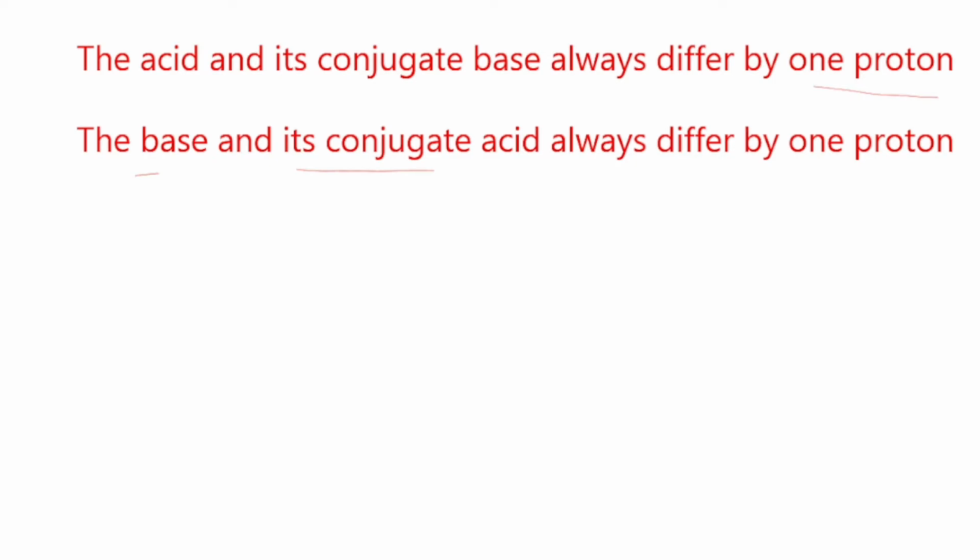For example, the nature of an acid is to give or lose a proton, H plus. So an acid, by losing a proton, gives its conjugate base.